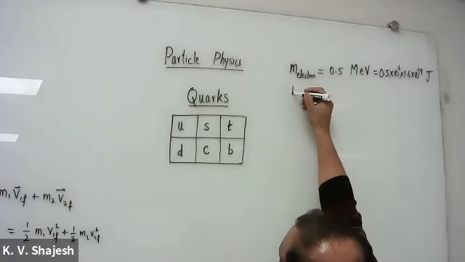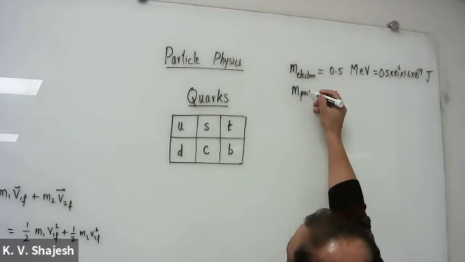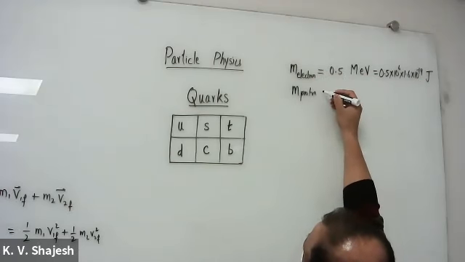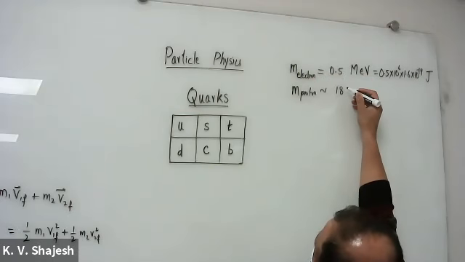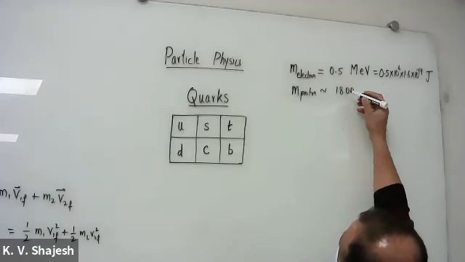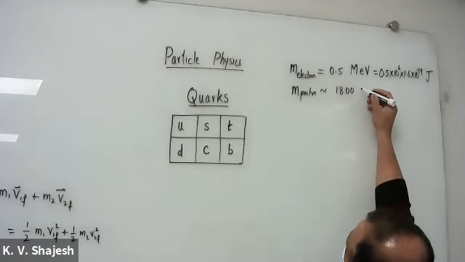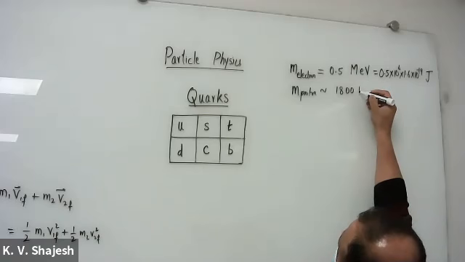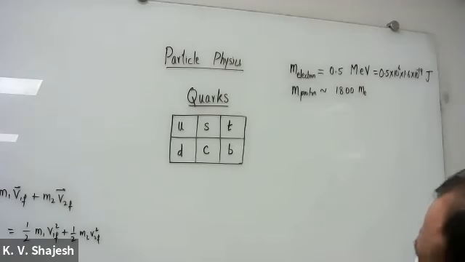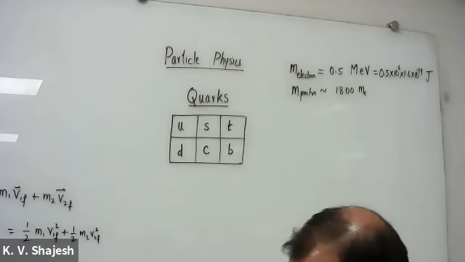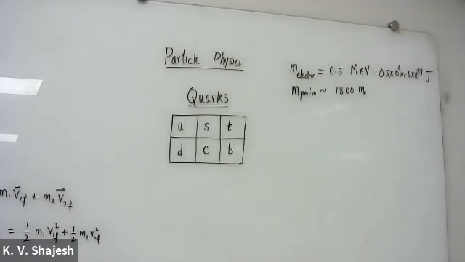Remember, mass of a proton, just for reference, is 1837, I think, or 1867 maybe. To 2 significant digits, it's 1,800 times mass of an electron. And mass of top is larger, and these all fall in that range.